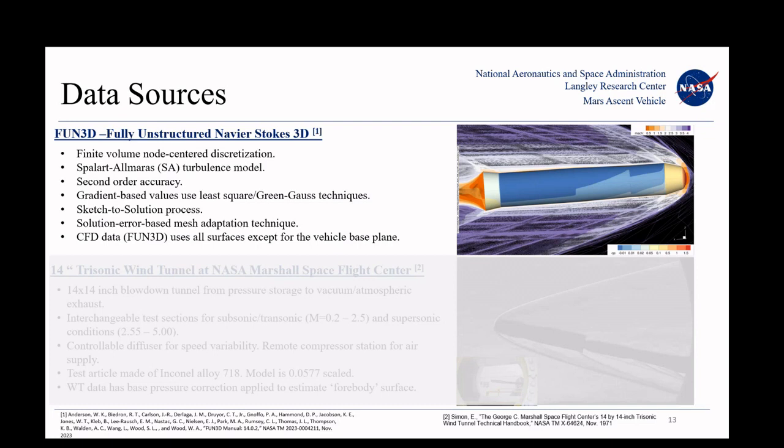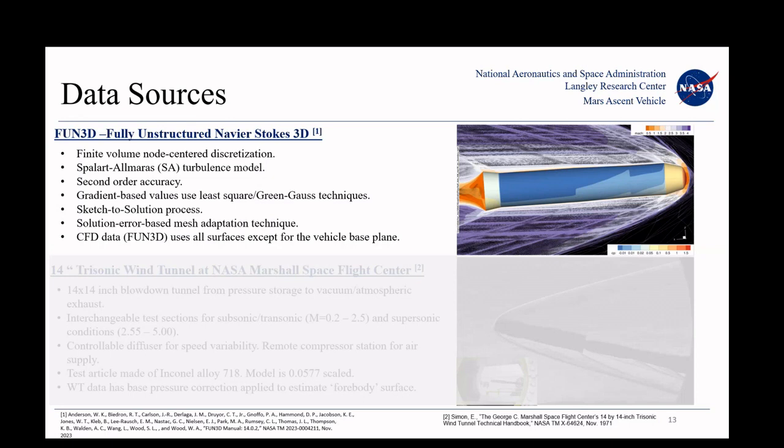And obviously, MAV is predominantly CFD data. So for continuum, again, this is Fun3D. And for this specific supersonic static aerodynamics, fully unstructured Navier-Stokes equation has been performed. Just going to run through what they are. I know some of you are familiar with the governing equations and how Fun3D solves the Navier-Stokes equation.